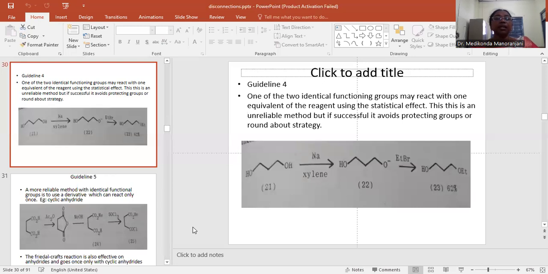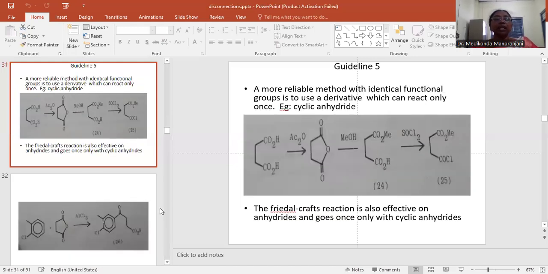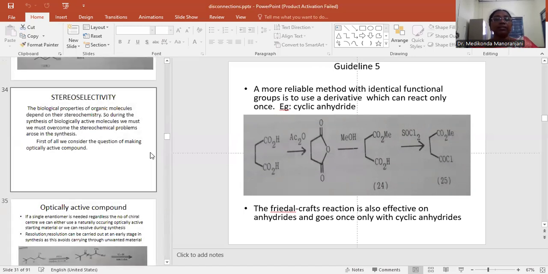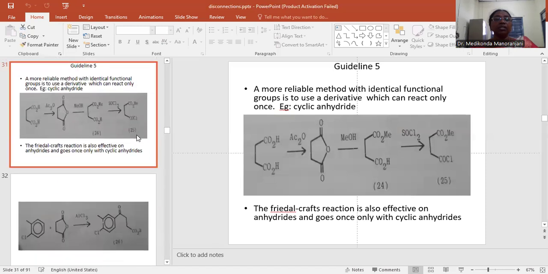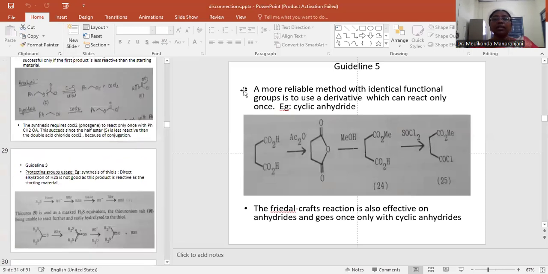This is an unreliable method, but if successful, it avoids protecting groups or a roundabout strategy. Guideline 5. A more reliable method with identical functional groups is to use a derivative which can react only once. The example is the Friedel-Crafts reaction, which is also effective on anhydrides and goes only once with cyclic anhydrides. So that's all for today and we will continue the topic of stereoselectivity in the next class.